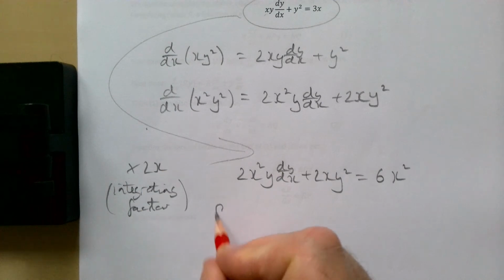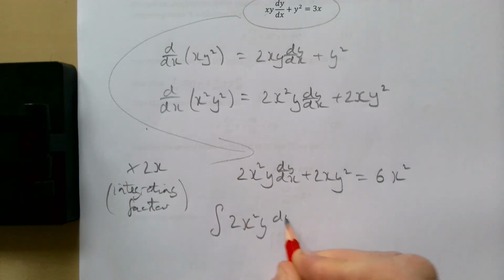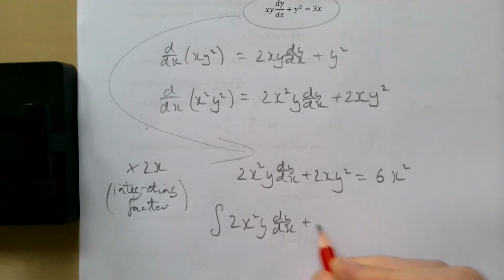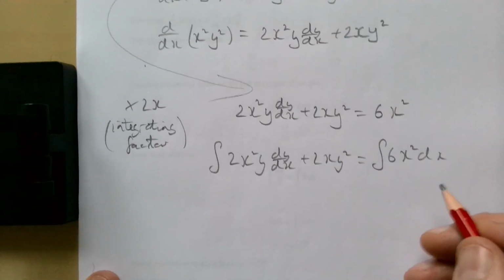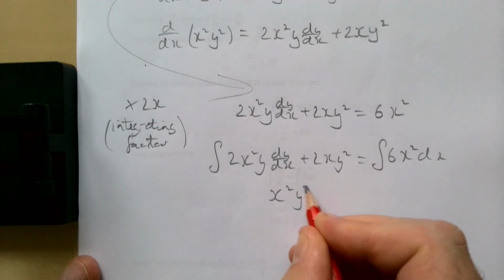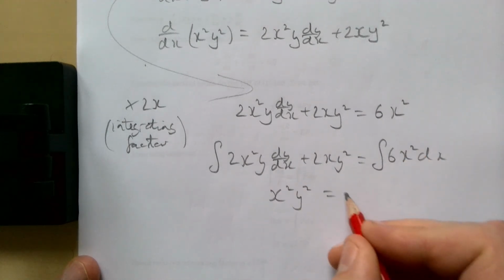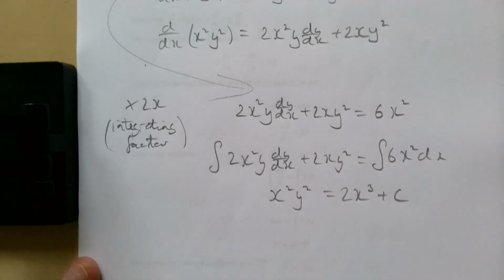So if we integrate both sides, the integral of 2x squared y dy by dx plus 2xy squared equals the integral of 6x squared dx. This just becomes x squared y squared, and this then becomes 2x cubed plus c.